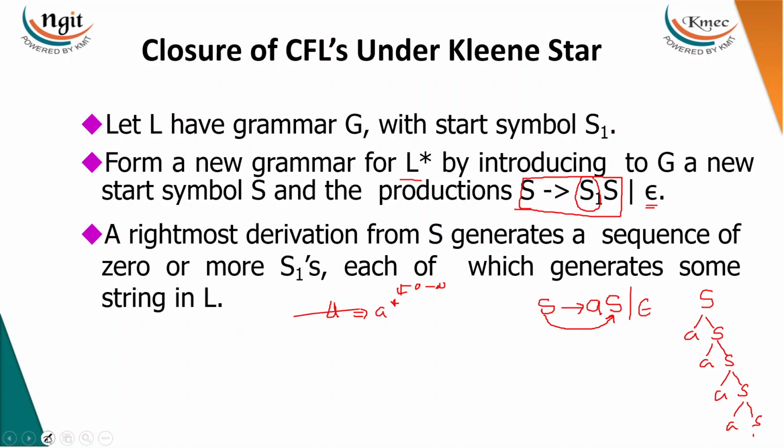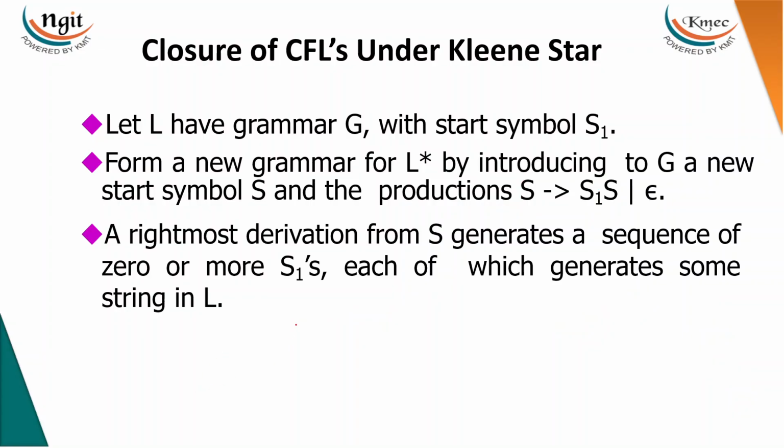For example, if you have a grammar, whatever we have taken earlier, L1 equivalent to A power n, B power n, such that n greater than or equivalent to 0. What is the grammar we have for this? S tends to A S B or epsilon. Then how to perform the Kleene closure of this? Means L1 star, you have to write the G star.